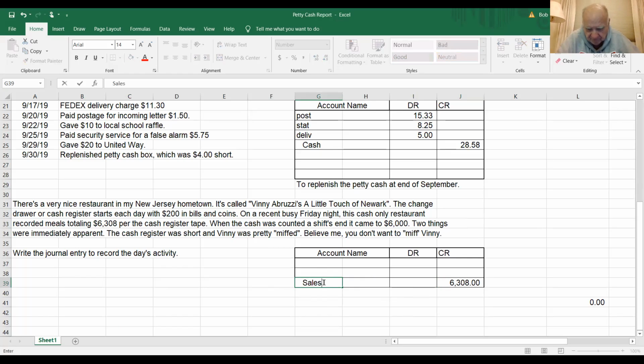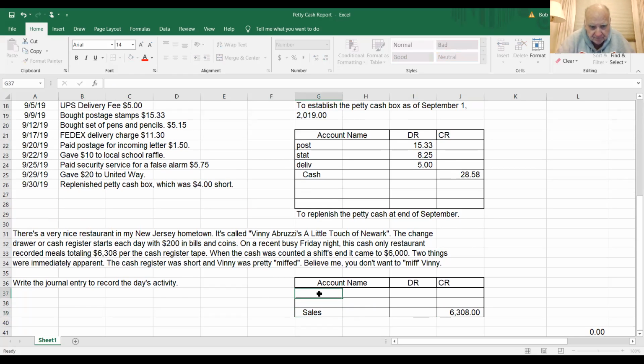I don't know if they call it meals revenue. Okay. When cash was counted at the end, we only had 6,000. When cash was counted, it came to 6,000 minus the 200. So our cash really went up 5,800. And the difference is, to me, $508. So we're way off here.